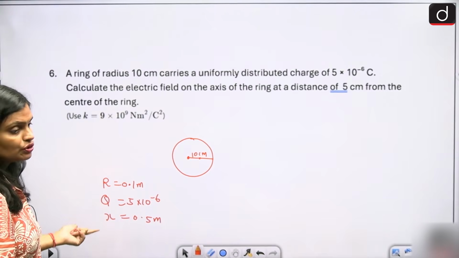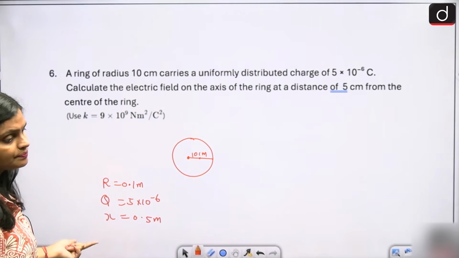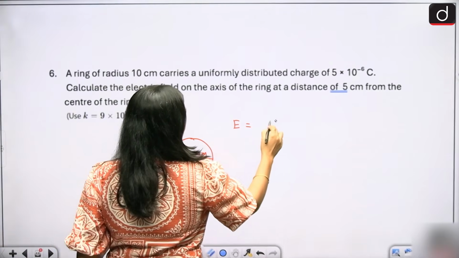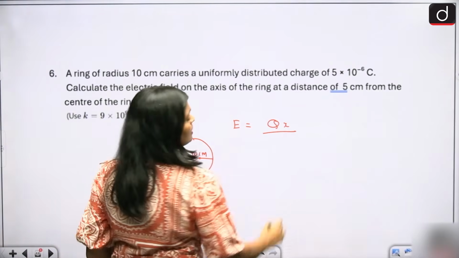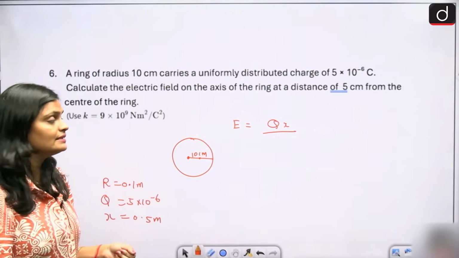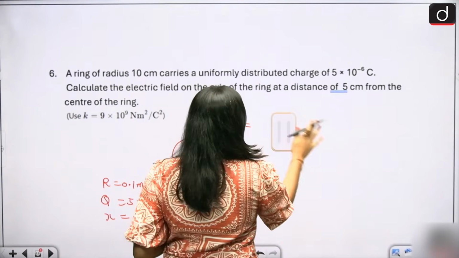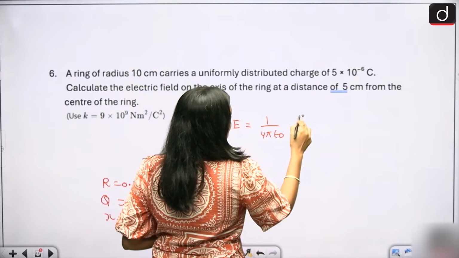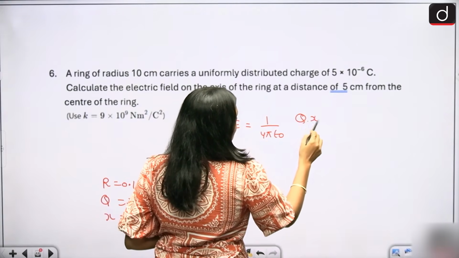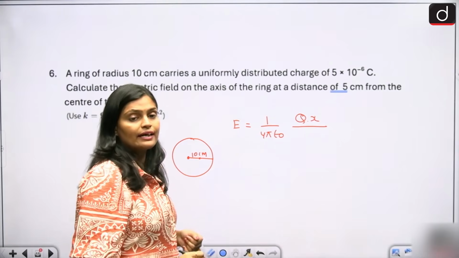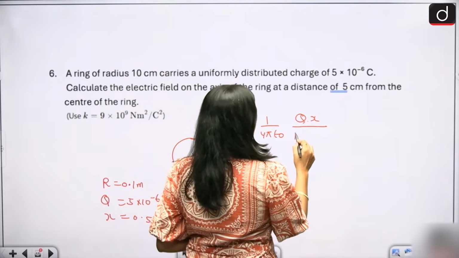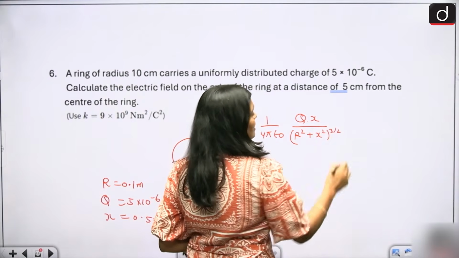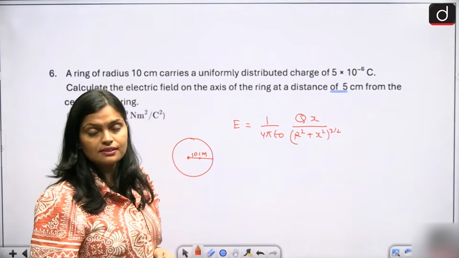So now which formula will you apply here? E is equal to 1 by 4 pi epsilon naught, Q x upon R square plus x square to the power 3 by 2, where x is the distance. This is the formula.